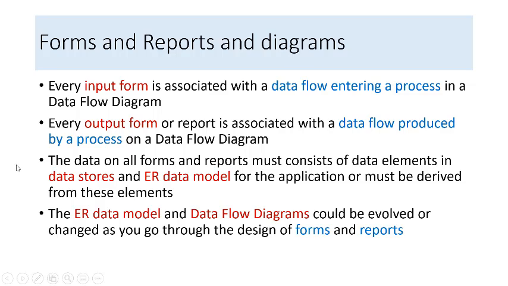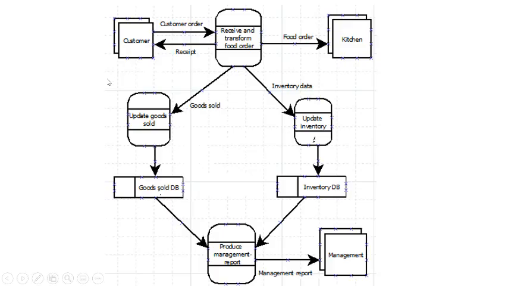So if I want to map, for example, a data flow diagram, I have a data flow diagram here. If you remember, this is the food ordering system, and this food ordering system was taking orders from the customer, sending them to the kitchen, saving some data into the database, and giving some reports to managers.